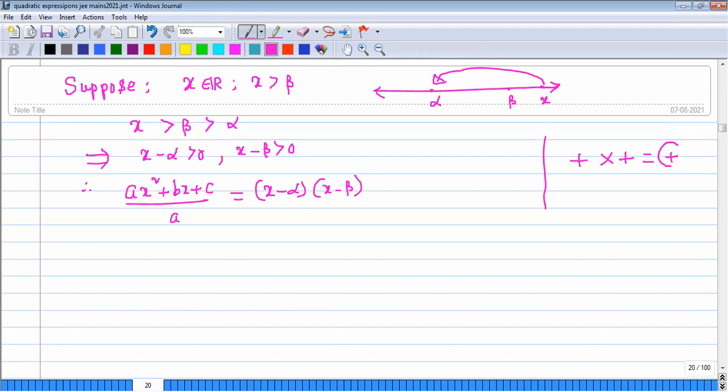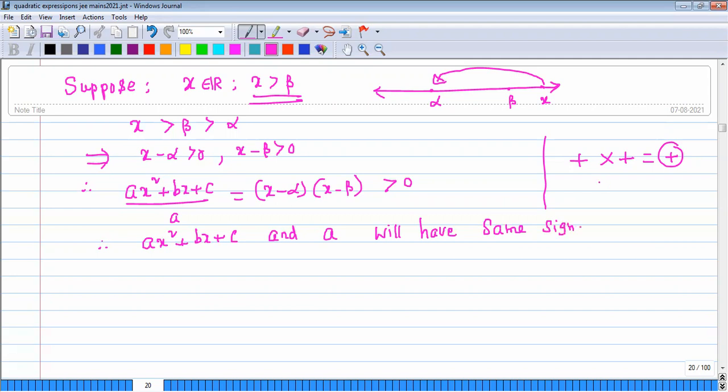Positive into positive is positive, obviously greater than 0. So even for x greater than beta, ax square plus bx plus c and a will have the same sign.